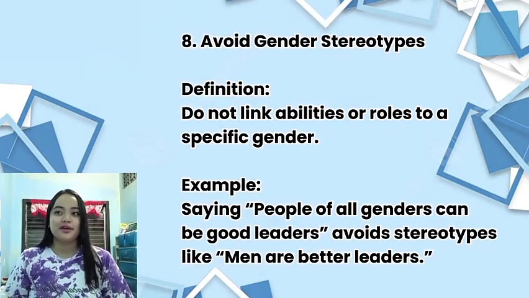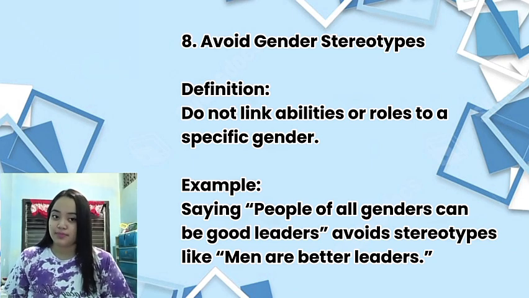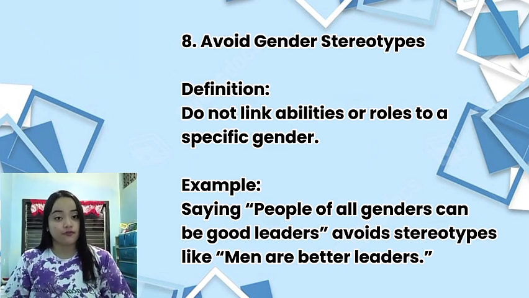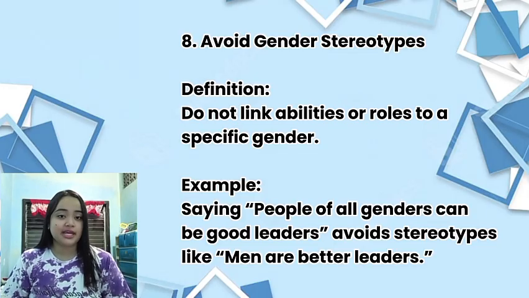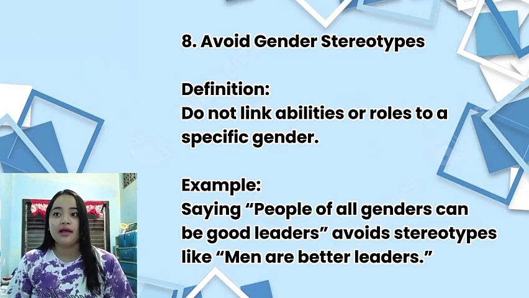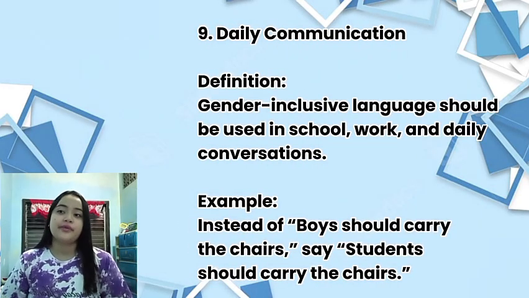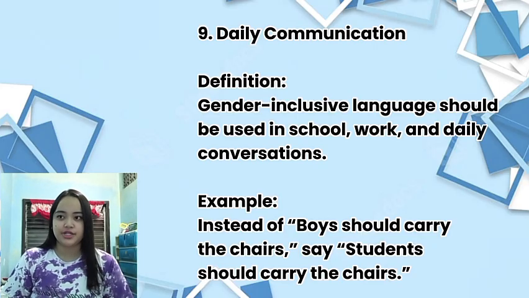For number 8, we have avoid gender stereotypes. Do not link abilities or roles to a specific gender. For example, saying people of all genders can be good leaders avoids stereotyping like men are better leaders compared to women. Number 9, we have daily communication.